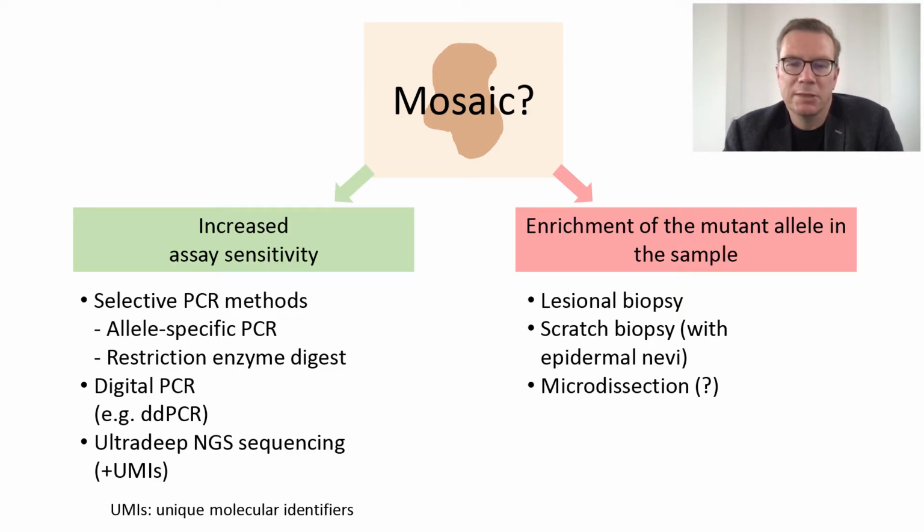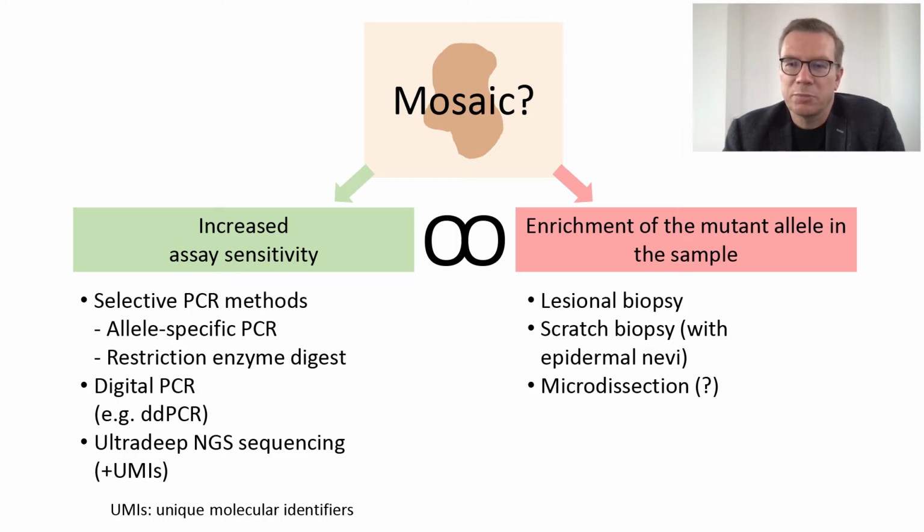And in most cases, a combination of these two strategies has to be applied. Assay sensitivity can be increased by selective PCR methods, by digital PCR, such as digital droplet PCR, or ultra-deep NGS sequencing strategies. We will hear about that in one of the following talks.